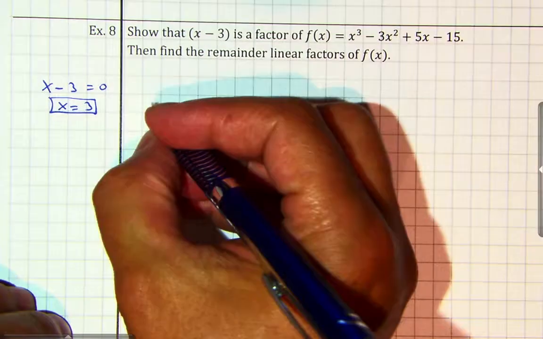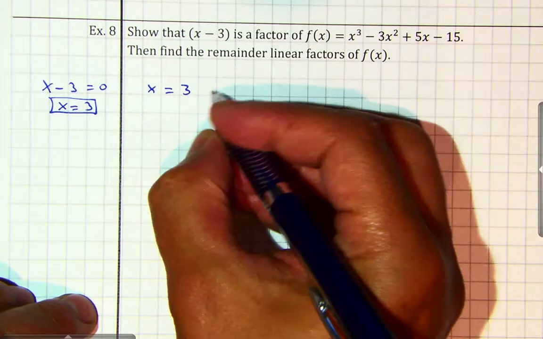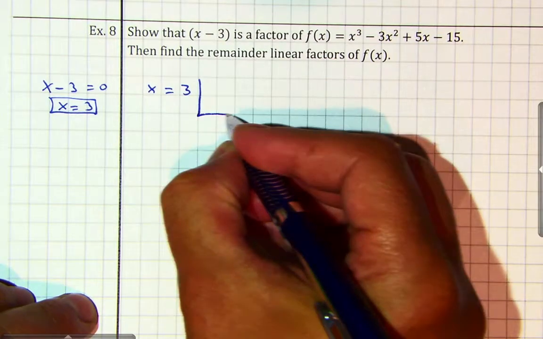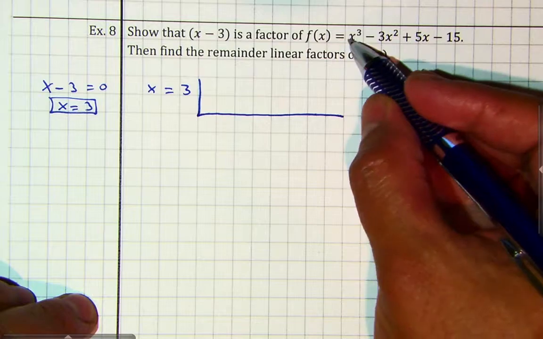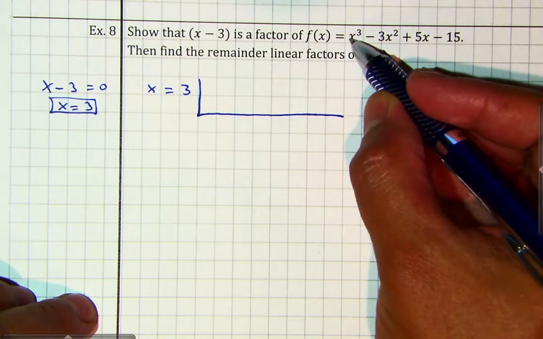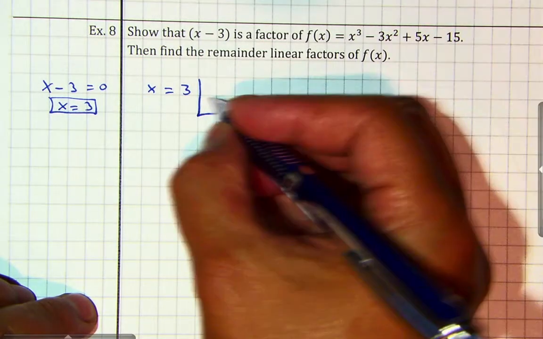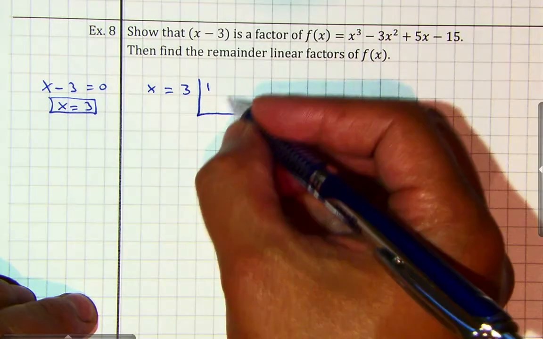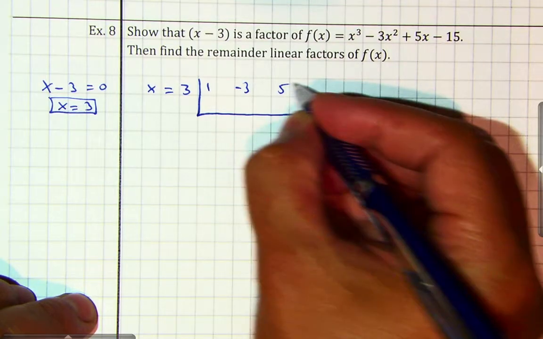Excellent. So in this case, we have x equals 3. I'm going to use my synthetic division. I'm not missing any terms. The degree is 3, so we have x to the third, x squared, x to the first, and then the constant. So my coefficients are 1, negative 3, 5, and negative 15.